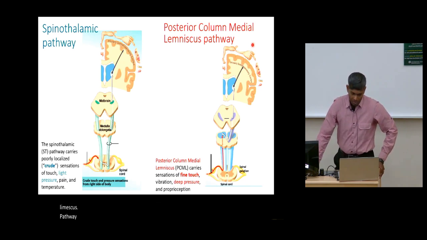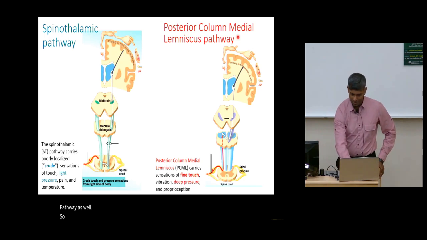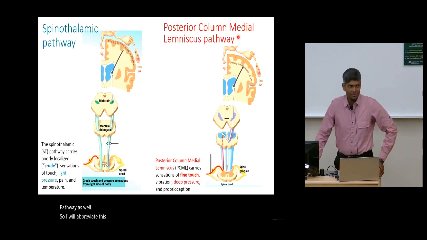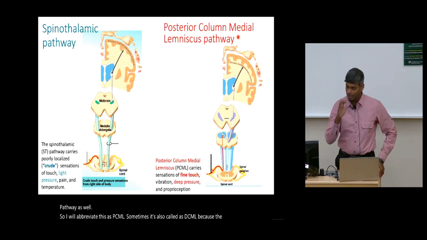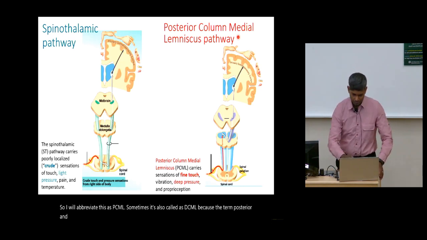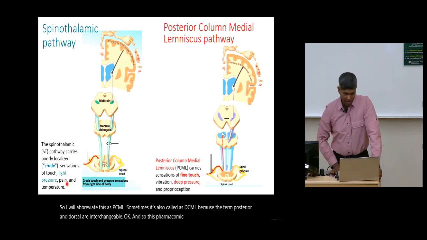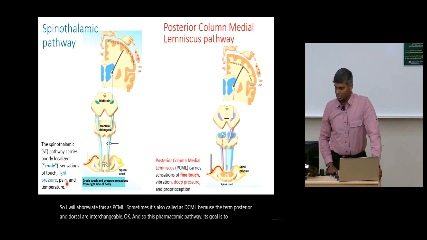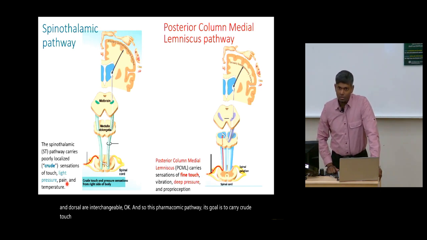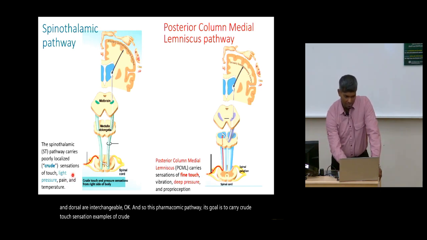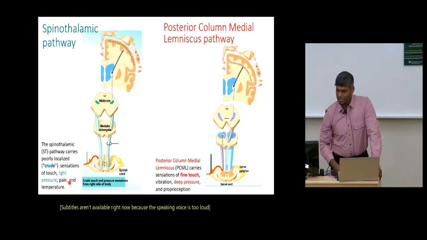I will abbreviate this as PCML. Sometimes it's also called DCML because the terms posterior and dorsal are interchangeable. The spinothalamic pathway's goal is to carry crude touch sensation. Examples of crude touch sensation would be light pressure, pain, and changes in temperature.